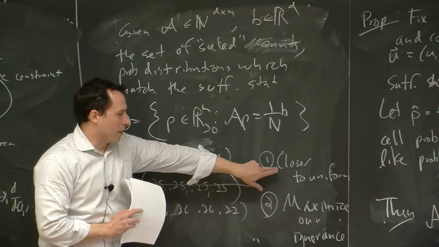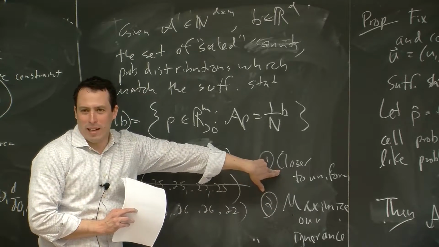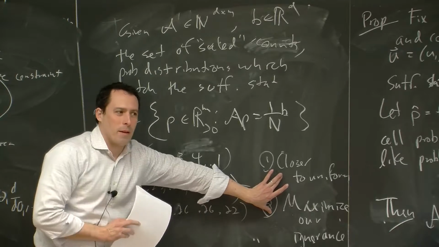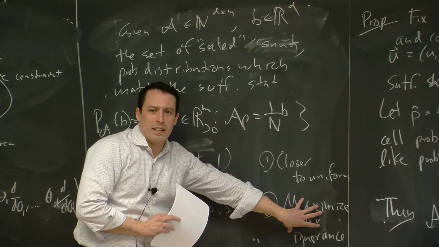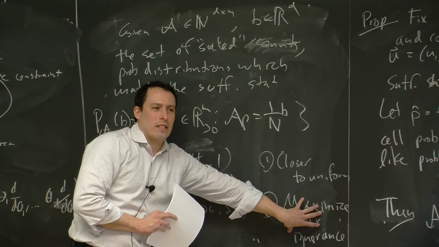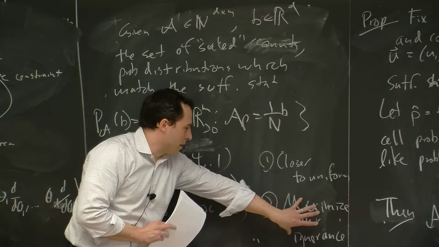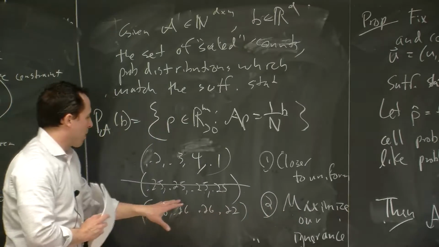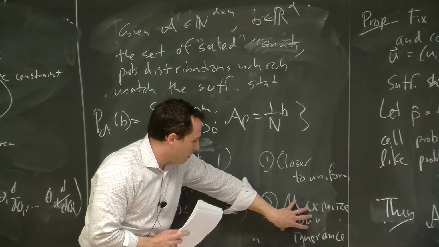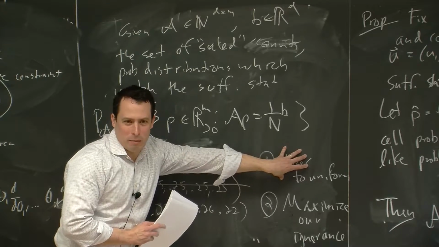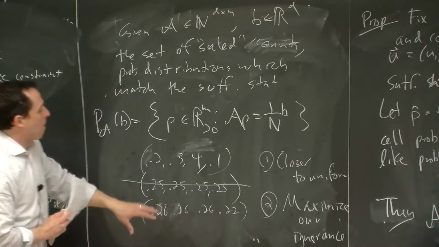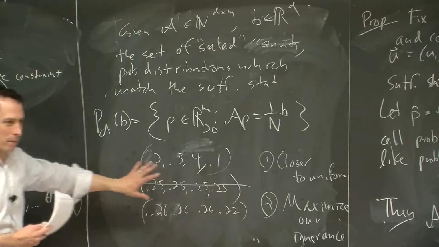And it turns out if you choose the right notion of closer to uniform, that is in terms of KL divergence, these are the same. Okay? So the one which reflects the most ignorance, that is, I express the least information about the experiment, in the sense of entropy, and is close to the uniform distribution in the sense of KL divergence, which is our measure of how close probability distributions are. Either of those answers will give the same answer.